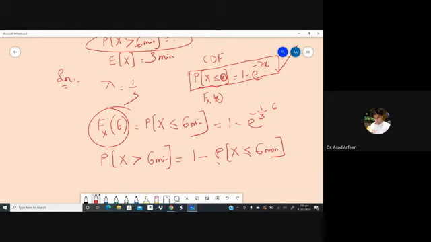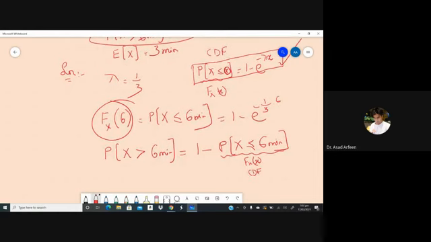This is nothing but the CDF. So normally we do 1 minus the CDF, and you can get the other part.